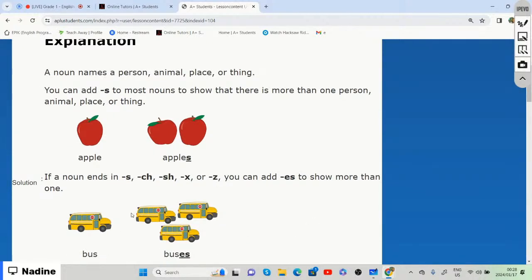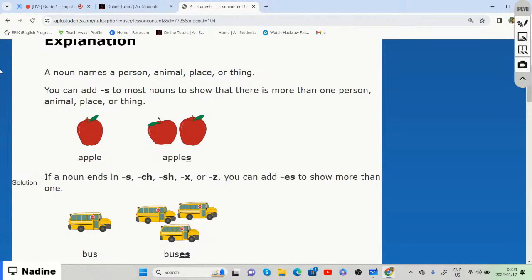For example, we made an example of the apples already, but here we have it. So it's one apple. So we basically just add an S to most of our nouns to show that there is more than one person, animal, place, or thing. But for some, we cannot do that, right? We're just going to have to remember whatever the noun is.